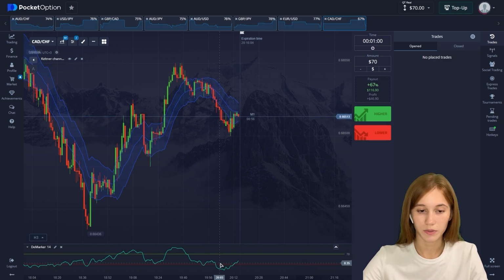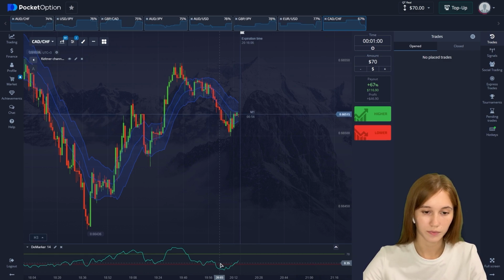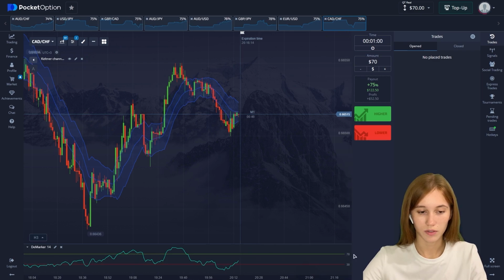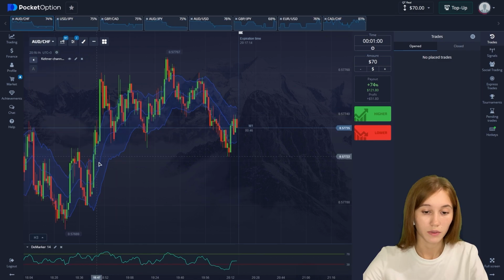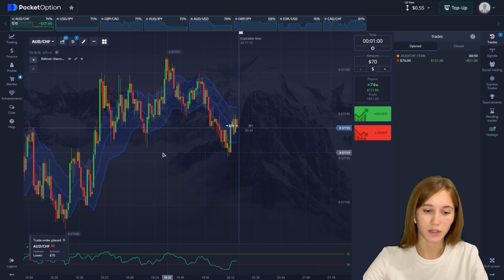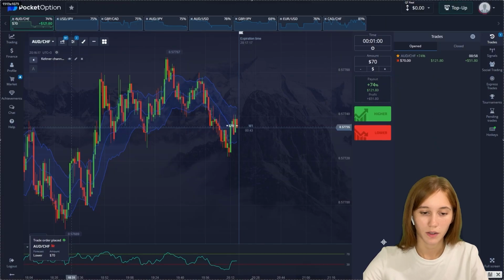So today we will use these two indicators. You see the chart for this indicator. So let's go on to the next concept bar and start our trading session.